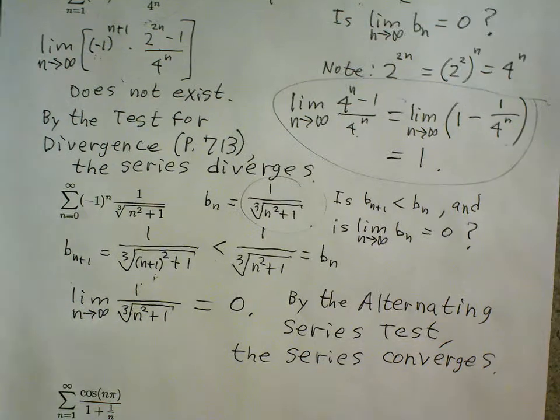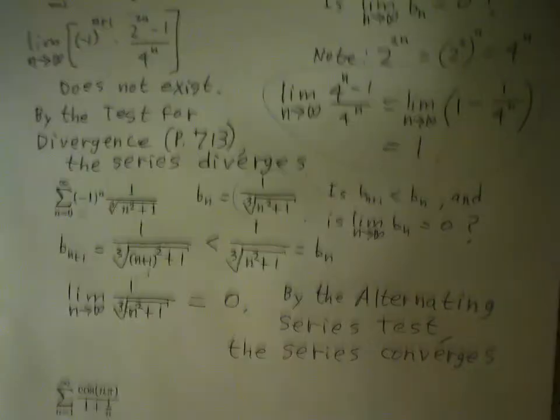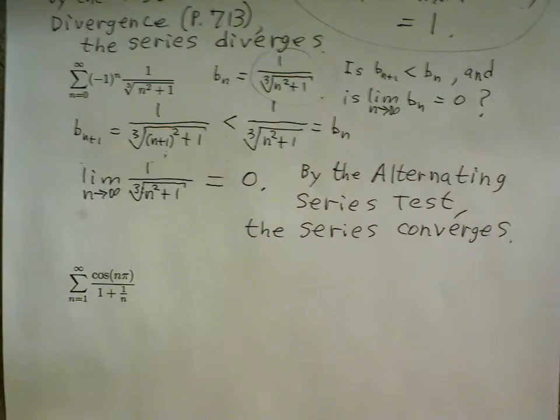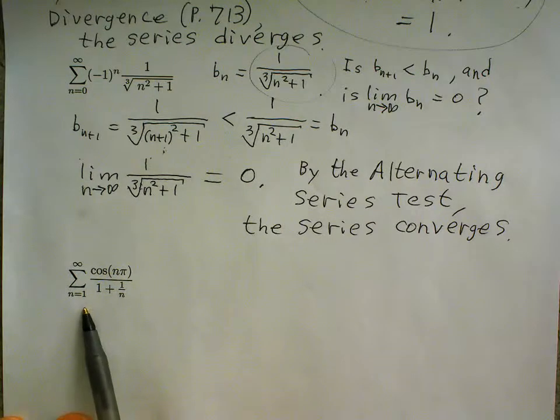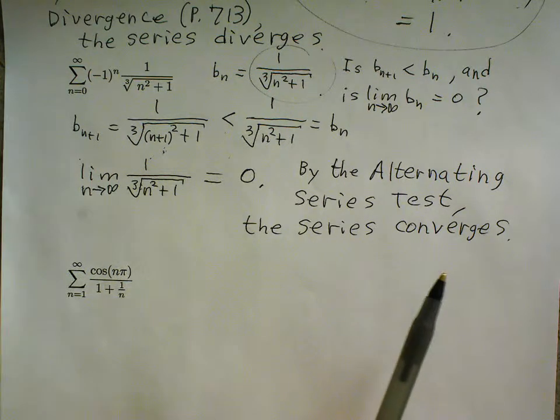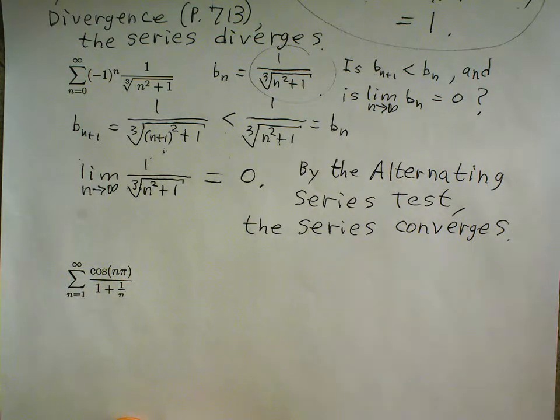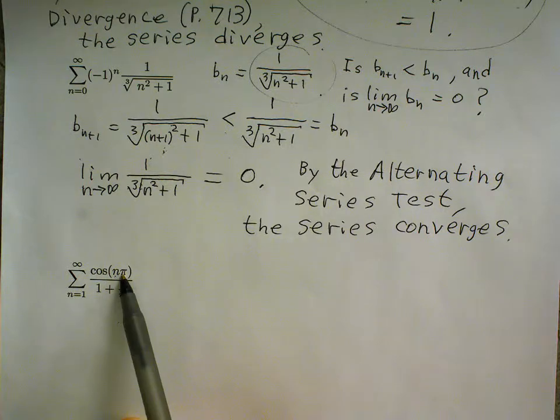All right, one more example from section 11.5. So this is the infinite series. The terms are cosine of n pi divided by 1 plus 1 over n. This is just a semi-camouflaged way to write an alternating series. When n is 1, cosine of pi is negative 1.